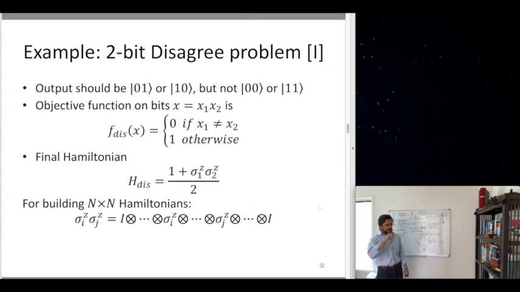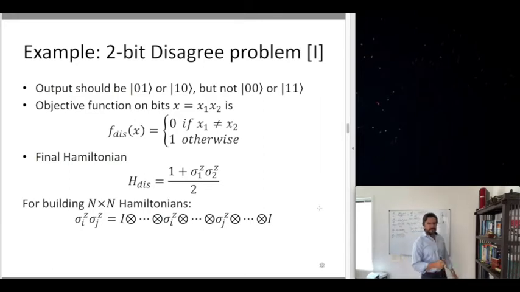Well, maybe it becomes a little clearer when we look at an example problem. The problem that I have here is the 2-bit disagree problem, a very simple one. The output should be 0,1 or 1,0, but not 0,0 or 1,1. So that means the bits have to disagree.